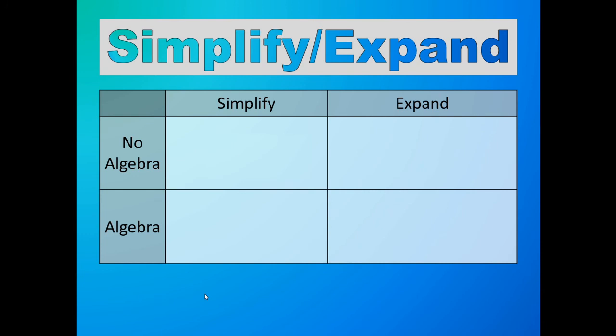Let's now talk about examples for simplifying fractions, also known as reducing fractions, and let's also talk about examples for expanding fractions. For both of these types of concepts, let's talk about it without algebra and then with algebra. Let's simplify 12/20. To do so, let's divide both the numerator and denominator by 4. And so that would be 3/5.